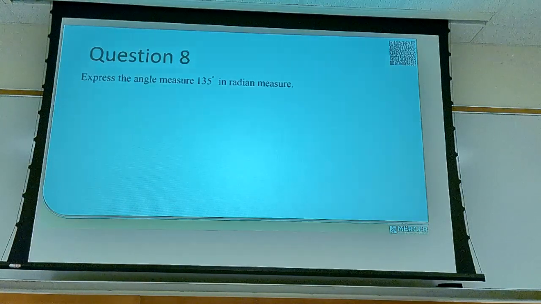135 degrees. Again, we're going from degrees to radians, so the conversion factor is pi over 180 degrees. 135 over 180.